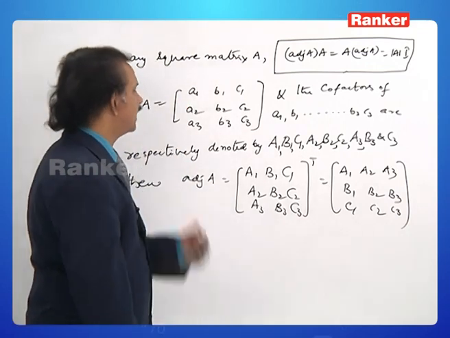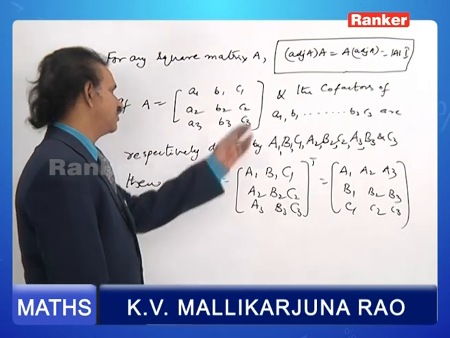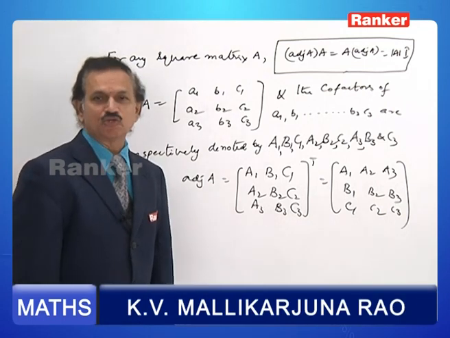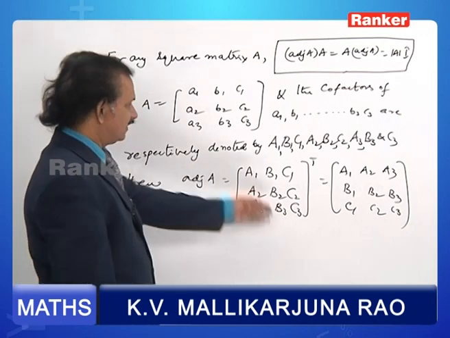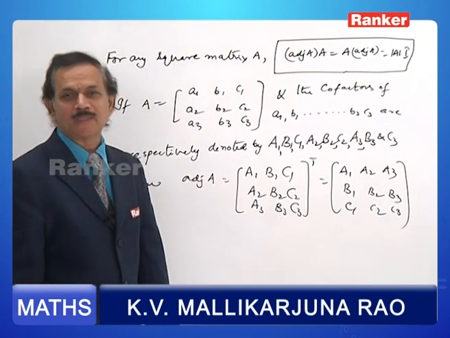For any square matrix, A into adjoint A is equal to adjoint A into A is equal to det A into I. Well, my dear, to prove it, we need all these things. That is why I have kept the matter like that only on the board.